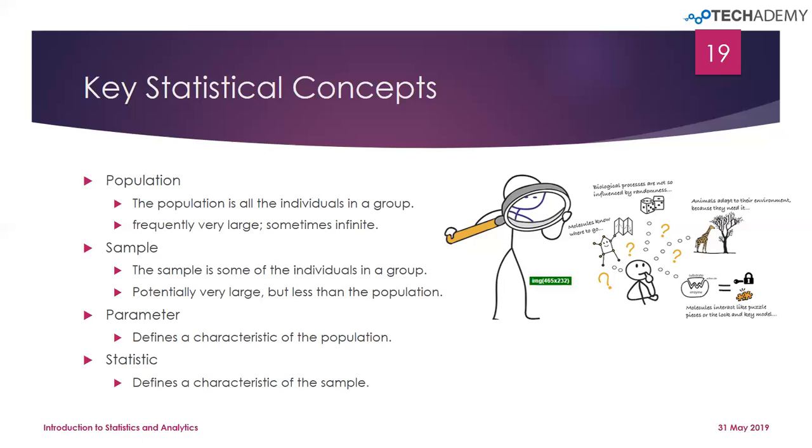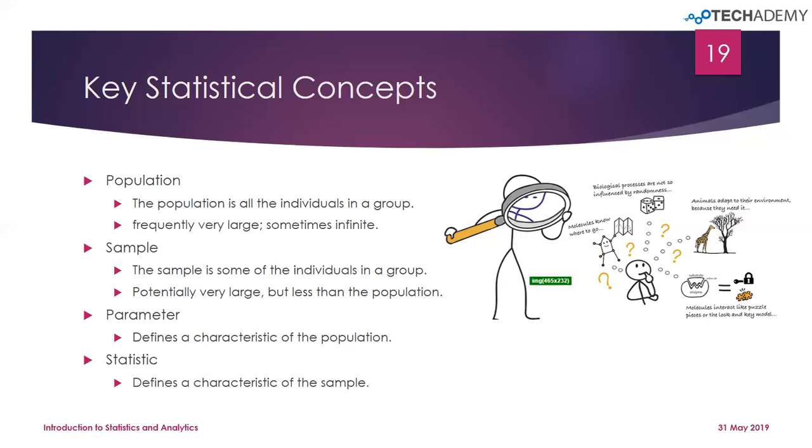If we are doing some analysis and research using the population and getting values like mean, median, mode, or any other statistical characteristic defined using the population, then it is called a parameter.